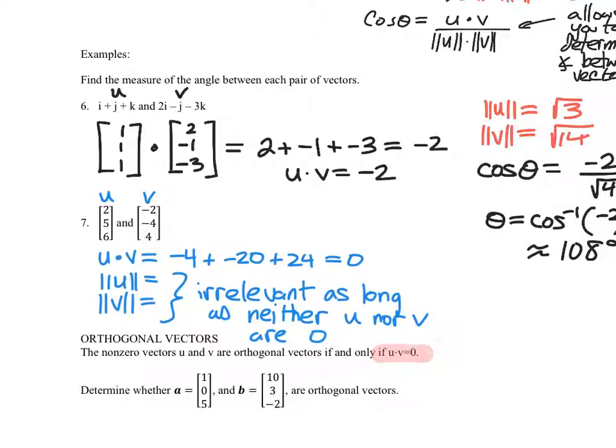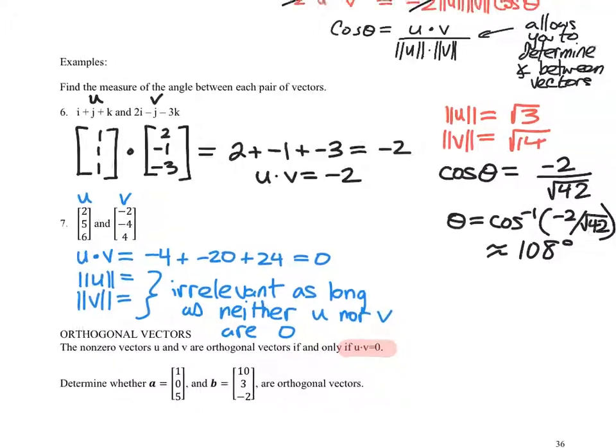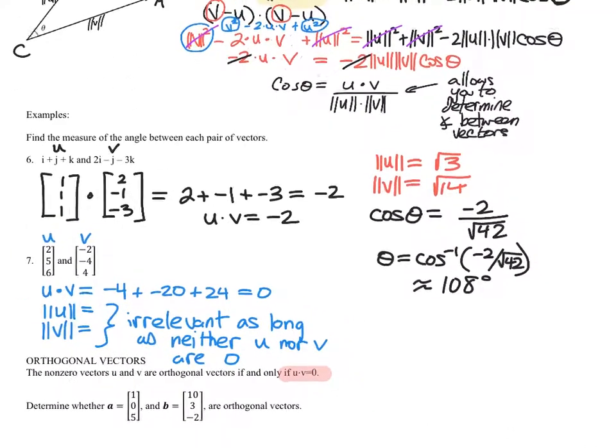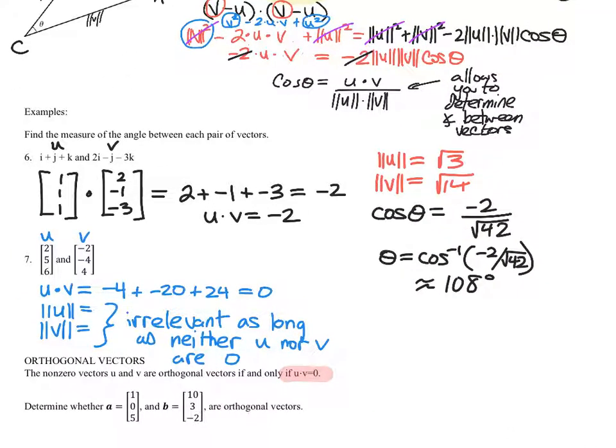And that's because of our formula. We have cosine theta is equal to u dot v over a bunch of other things, but cosine of theta is going to be equal to 0 no matter what the bottom is, as long as you're not dealing with the 0 vector.